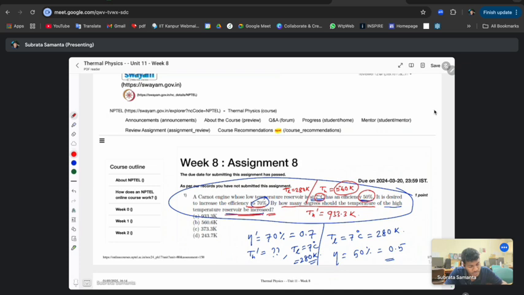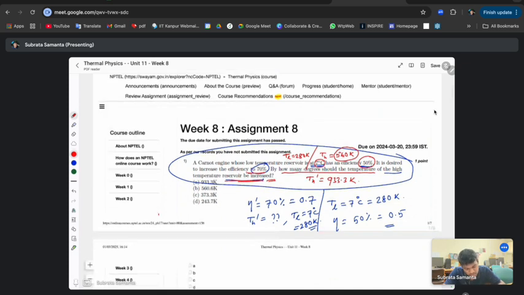That means you have to calculate TH prime minus TH. So this becomes 933.3 minus 560 Kelvin, which is basically 373.3 Kelvin.